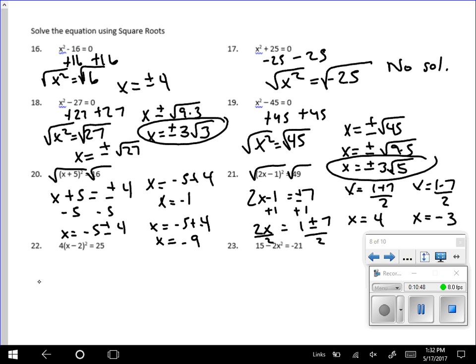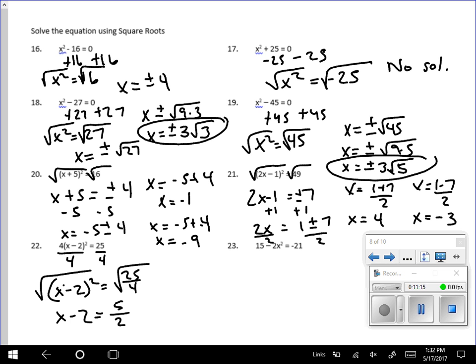Okay, this one makes things a little tricky. We're going to have to work with fractions. We're going to divide by 4, and we're going to leave it as a fraction. So I have x minus 2 squared equals 25 over 4. Those are perfect squares, so that's a good sign. So I'm going to square root this. So I have x minus 2 equals, well, the square root of 25 is 5. The square root of 4 is 2.